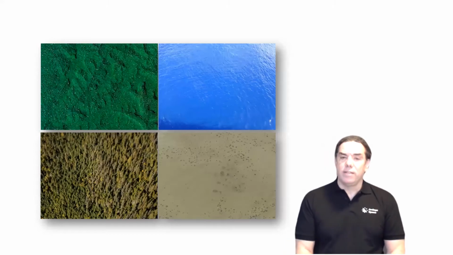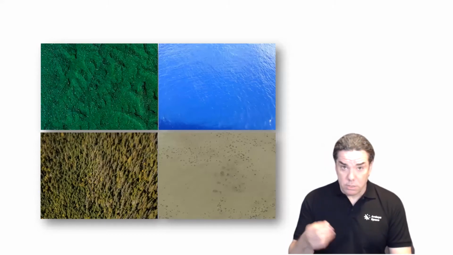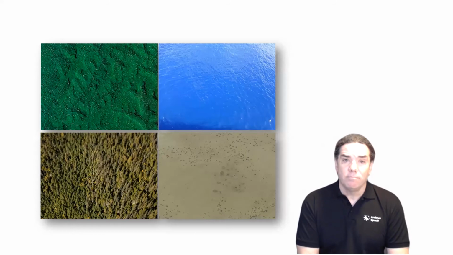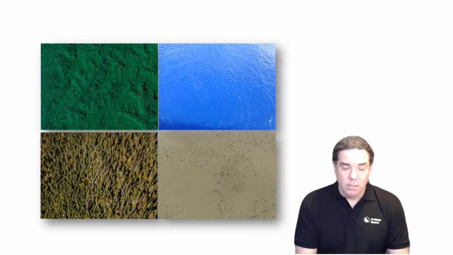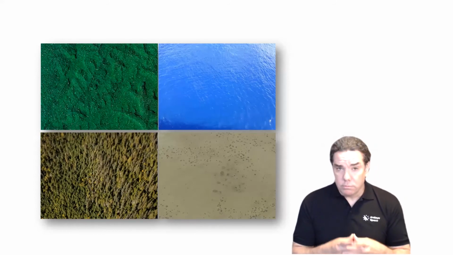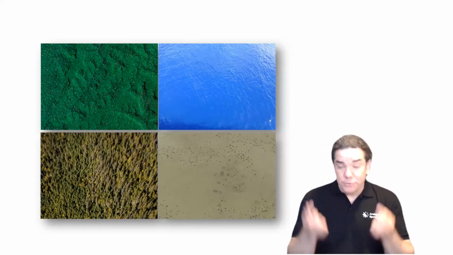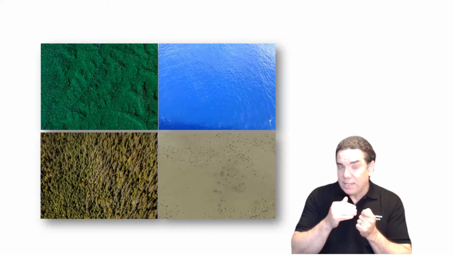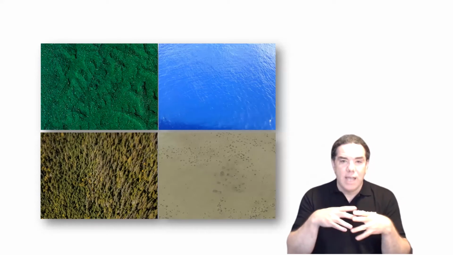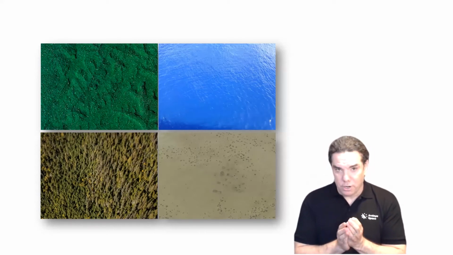And why do I say that? Because if we think about different places in nature, for example the water, we know that the water is blue, it's bluish. So therefore we know it should reflect more blue and absorb the other colors.